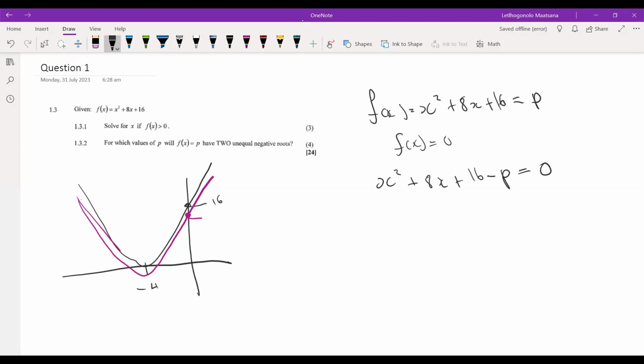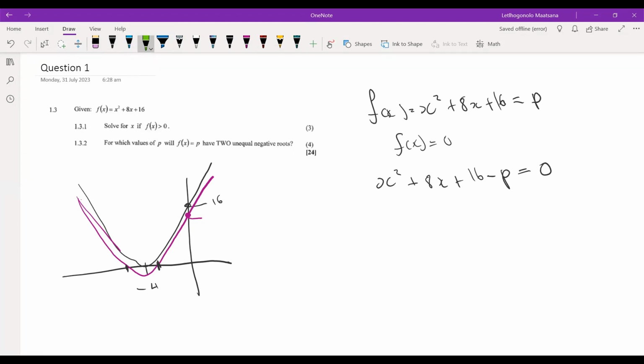Now, in order for this to have 2 negative roots, our intercept, our c, needs to be lower than 16, and also needs to be higher than 0, because let's look at when it's equal to 0.